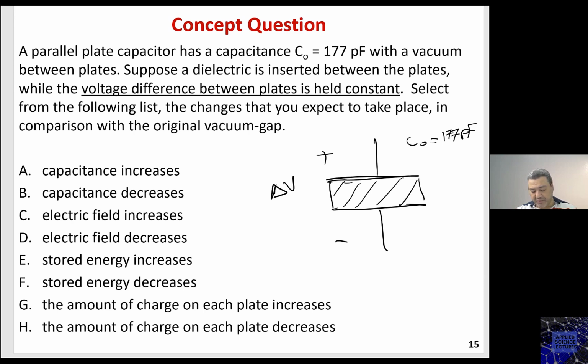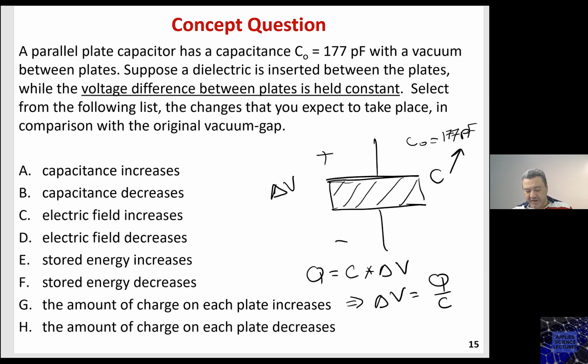So the potential difference is the same. If I put the famous equation, Q is C times delta V, right? So here I know if the potential difference delta V stays the same, and then I put this dielectric, then definitely the C naught has increased. So the capacitance has increased.